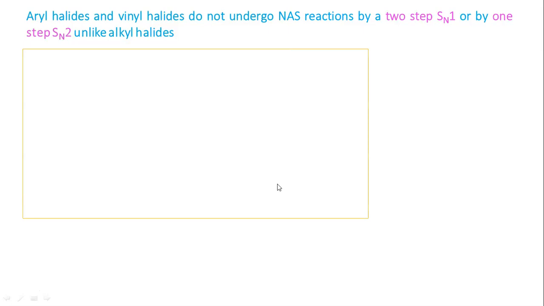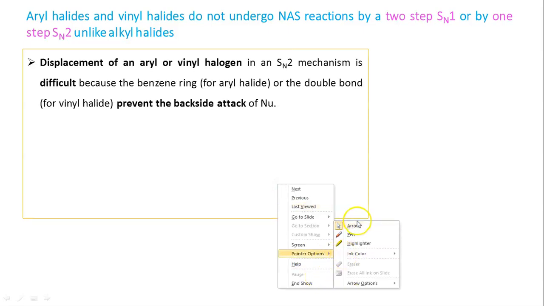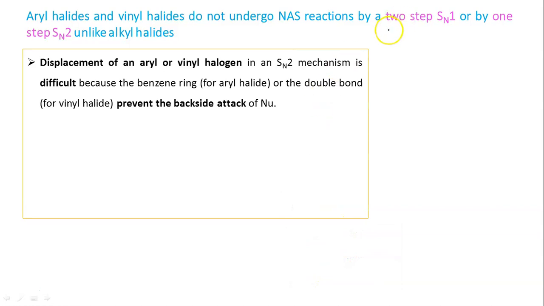It is not the normal aliphatic SN1 that we have seen in case of aliphatic compounds, which is two-step. So the two-step SN1 or concerted SN2 that we have seen in case of alkyl halides, that type of mechanism we do not see here. So what is the reason? That we will now see.